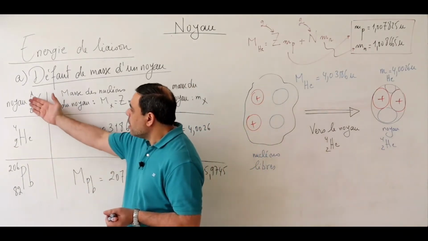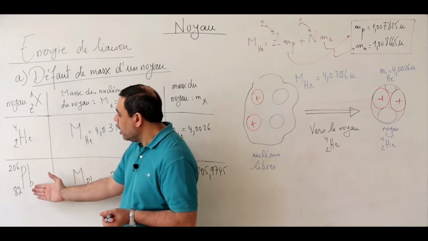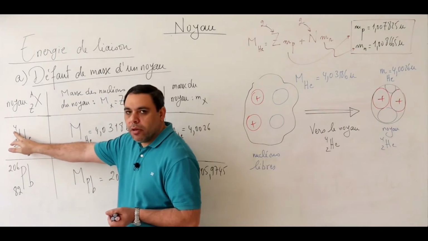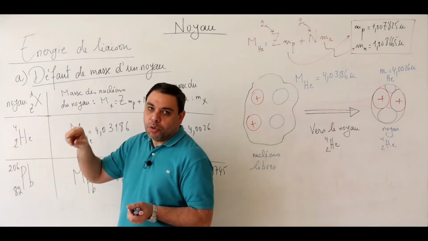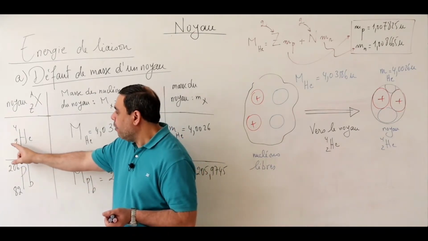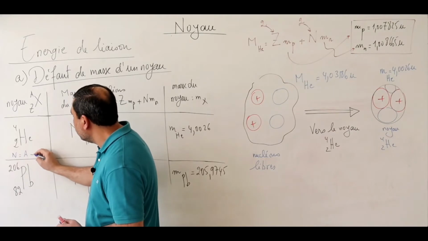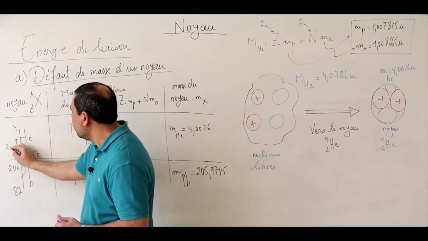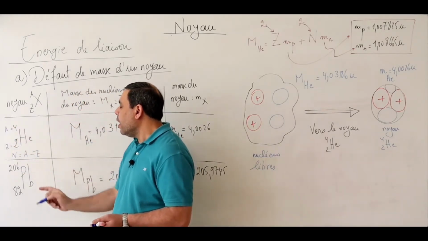In this table, this is the column containing certain nuclei. Helium containing 2 protons and 4 nucleons, that is to say 2 protons and 2 neutrons. The number of neutrons is calculated by the formula N equals A minus Z. This is Z. This is A. 4 minus 2 equals 2.